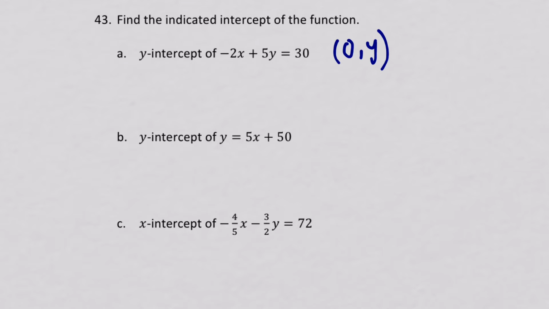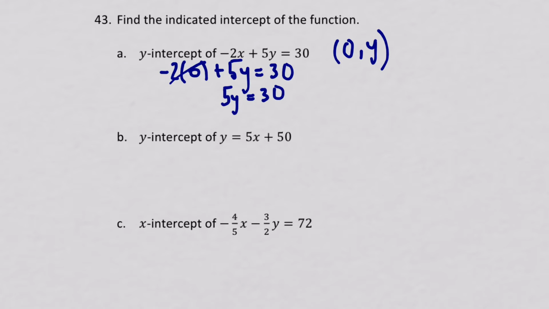Using that, I am going to substitute in 0 for x. Plug in 0 right there, which means that cancels, so I get 5y equals 30. Then I can solve that simply by dividing by 5, which gives me y equals 6.